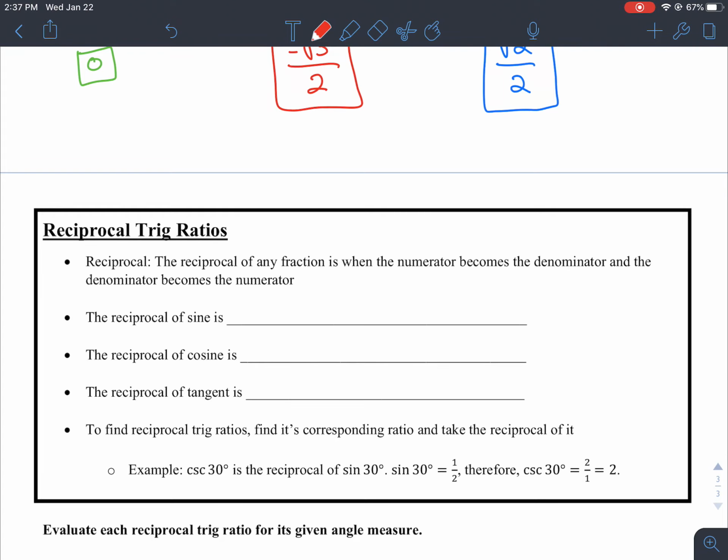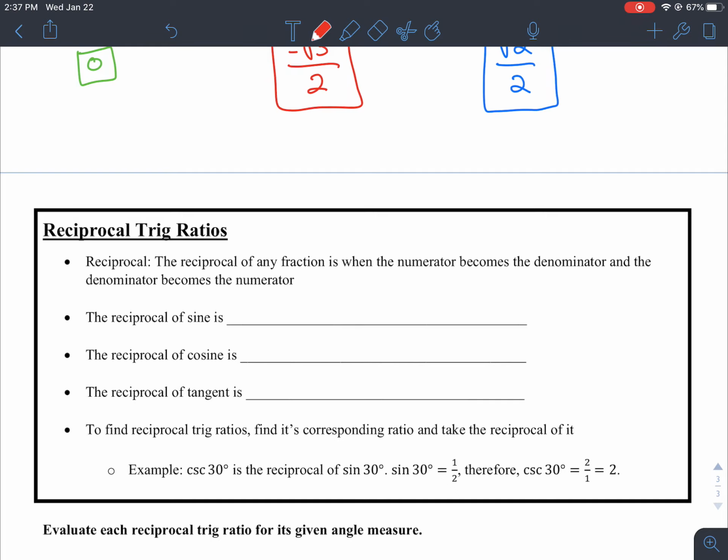So, as we talked about yesterday, a reciprocal, by definition, is just anytime we have a fraction, we flip the numerator and the denominator. So the top becomes the bottom and the bottom becomes the top. We have what we call reciprocal trig ratios. So these are going to be 3 new words, but they're going to be tied to words we've used before, like sine, cosine, and tangent.